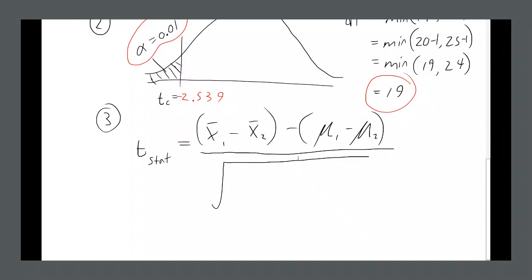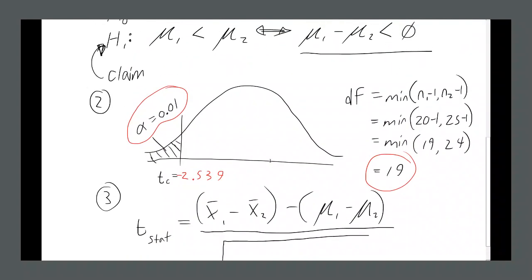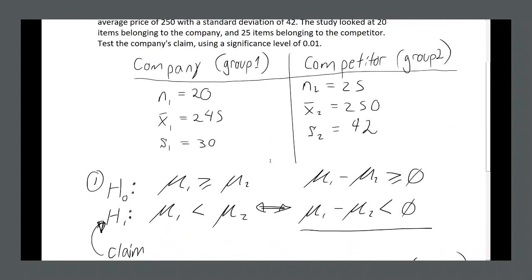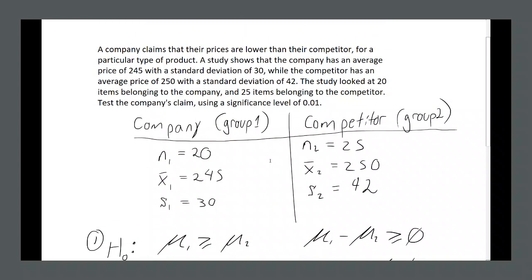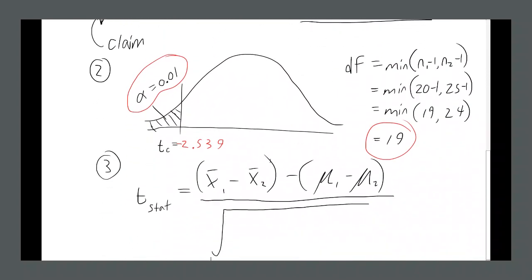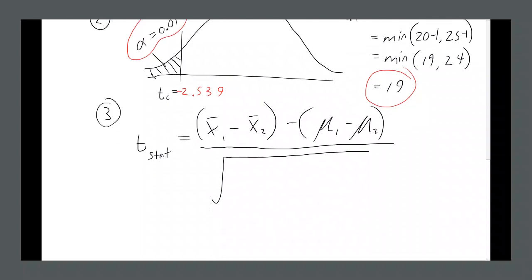For the purposes of this walkthrough, we're not going to assume that our population standard deviations are equal for these two groups. And we're going to write our test statistic like this. Standard deviation of group 1 squared over the sample size for group 1 plus the standard deviation of group 2 squared over the sample size for group 2.